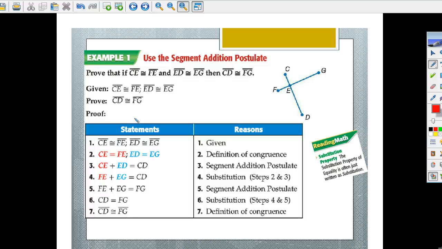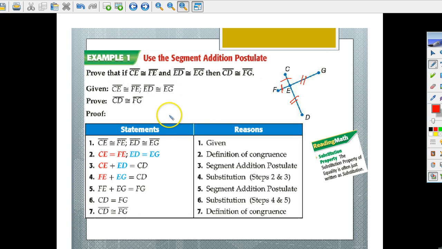Alright, so here is example 1. Prove that segment CE is congruent to segment FE, and ED is congruent to EG, then CD is congruent to FG.